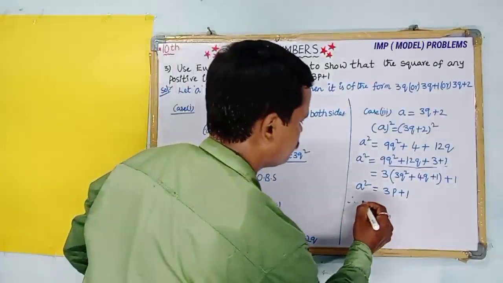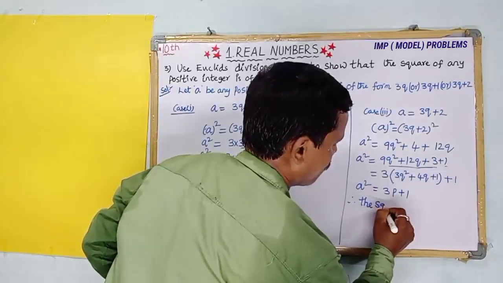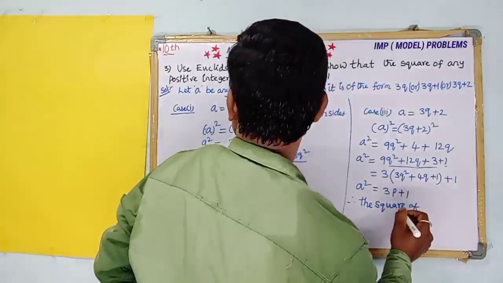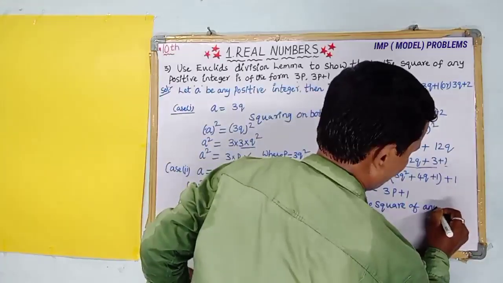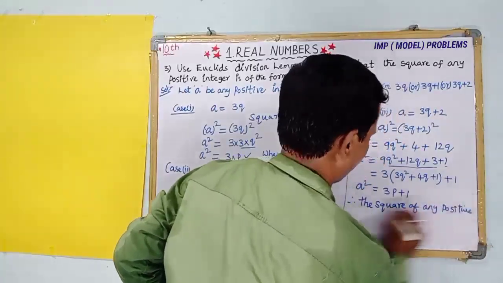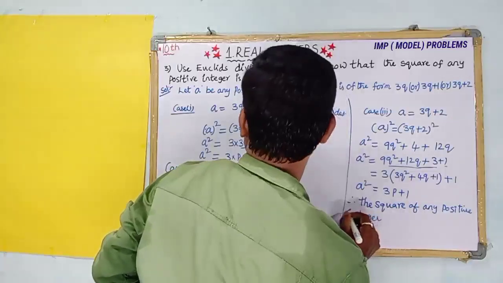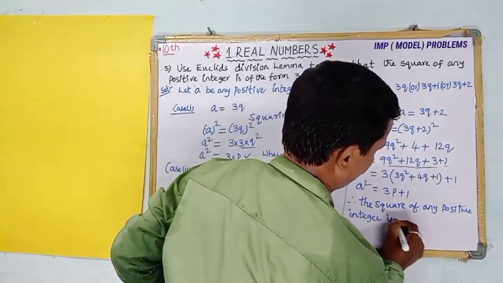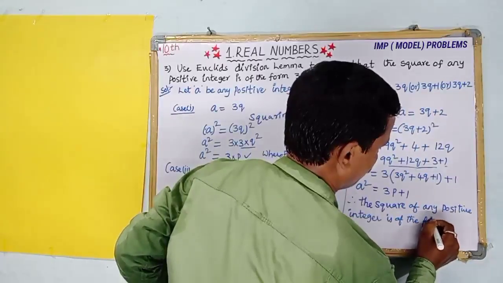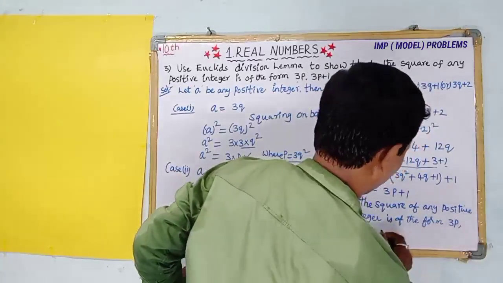Therefore the square of any positive integer is of the form 3p, 3p plus 1.